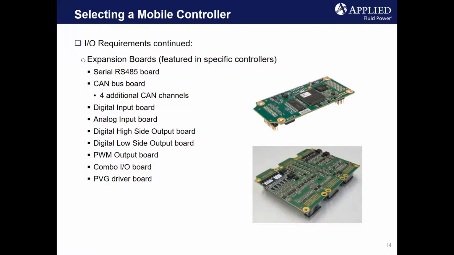This can provide the ability to configure a controller with non-standard options or configuration, such as additional serial communication networks, additional I/O, whether that's just digital inputs, just analog inputs, a combination, etc. As you can see on the slide, there are some that have serial CAN. On the CAN there could be 4 additional CAN networks. There are special PVG driver boards for specific valves. There are definitely many variations.